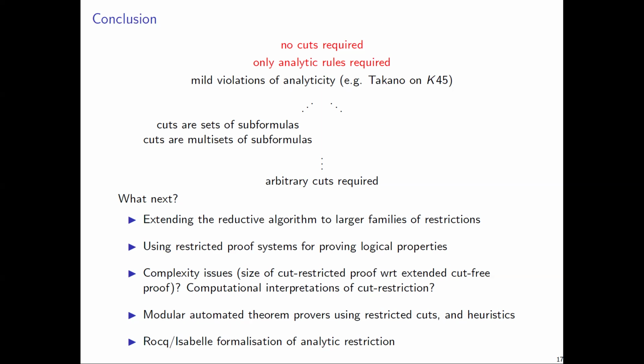For sure, we didn't get that. The nice thing would have been if our cut restricted proofs were smaller, obviously that's what we try to do. Even if they're comparable, it would still be interesting. Yes, exactly. I don't think it's better, actually.